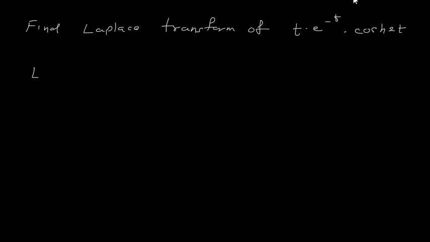First, we know by definition the Laplace of cos hyperbolic 2t is s upon s square minus 2 square. Then I use the first shifting theorem.